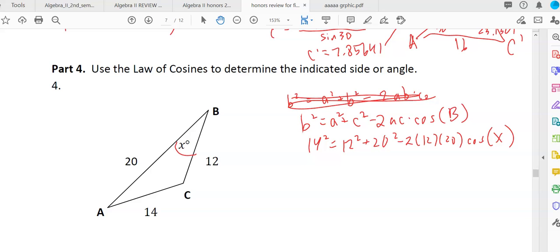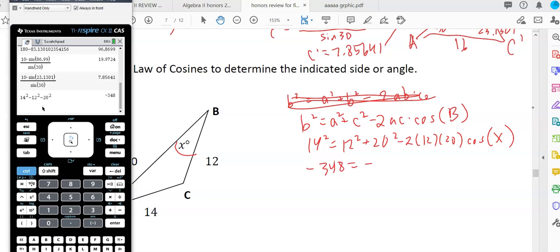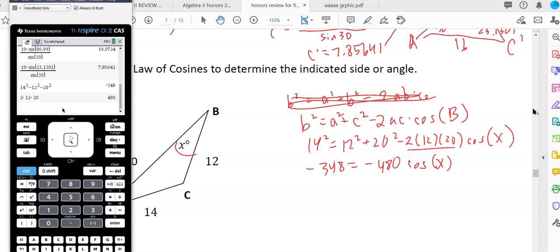So then we're just going to solve that. I might get my calculator out for this one. 14 squared minus 12 squared minus 20 squared. I got those to the other side by subtracting. So we get negative 348 equals negative 2 times 12 times 20, negative 480, times cosine of x.